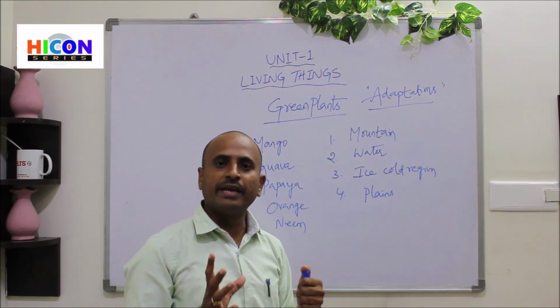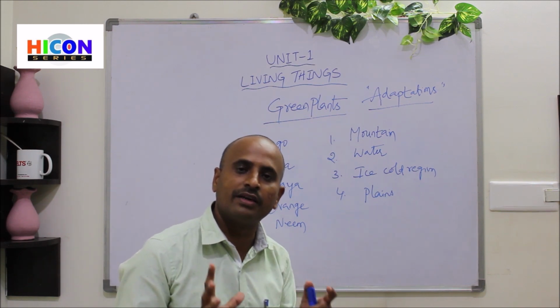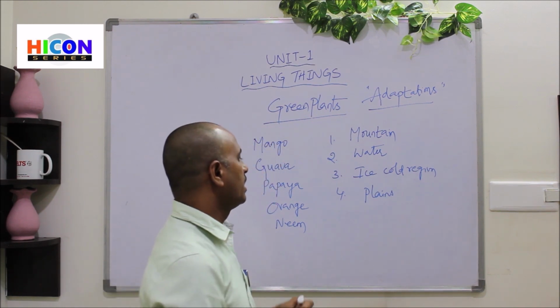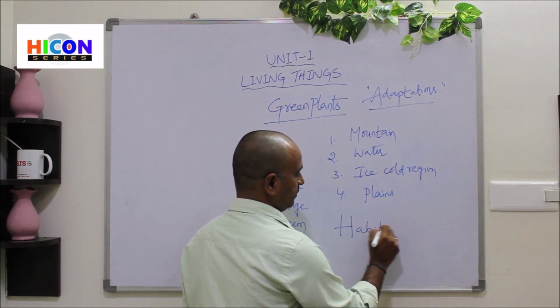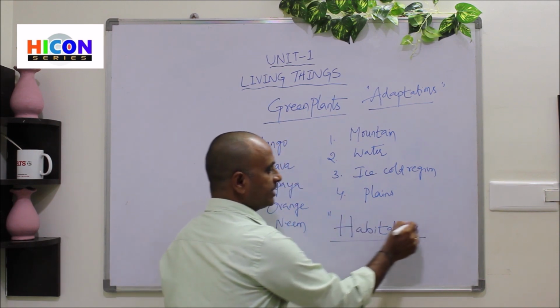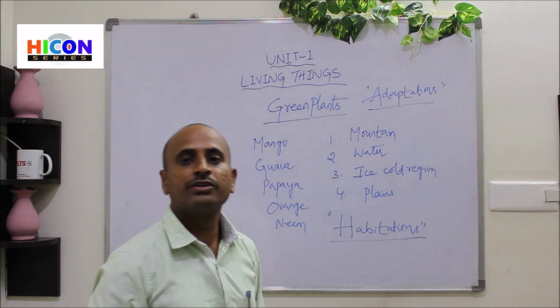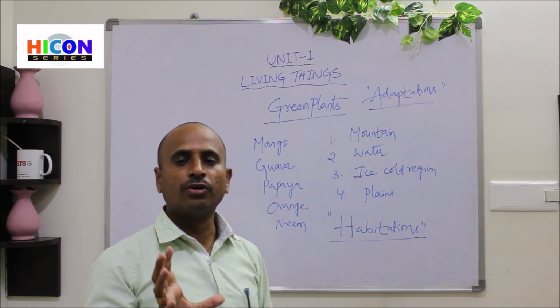And the place where plants particularly grow in that region is called a habitat, or habitation. Habitation is a place where a particular type of plants grow.